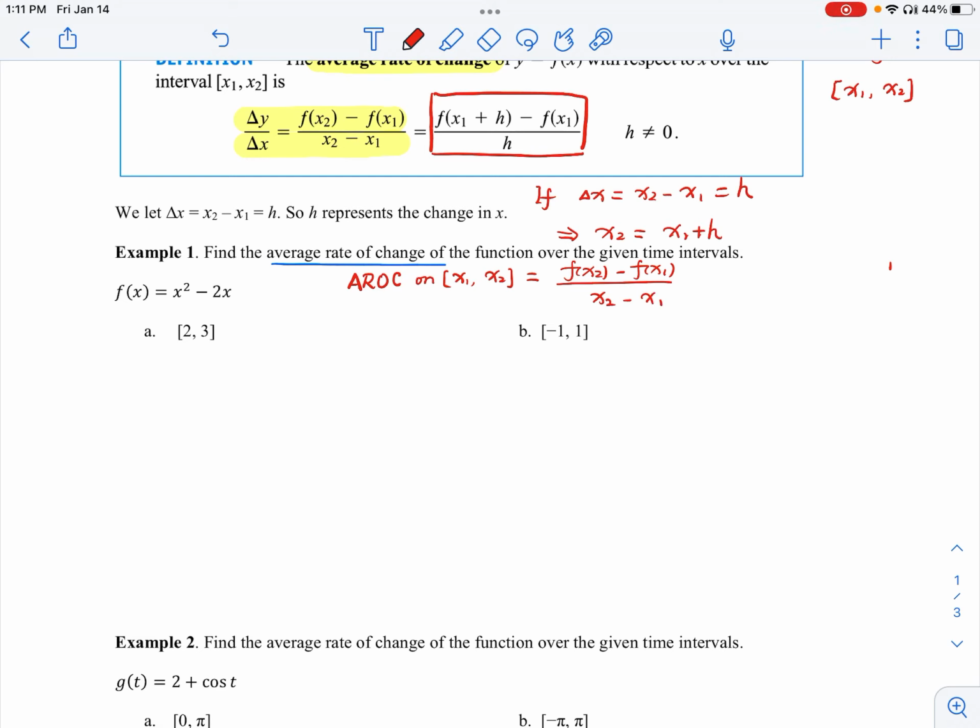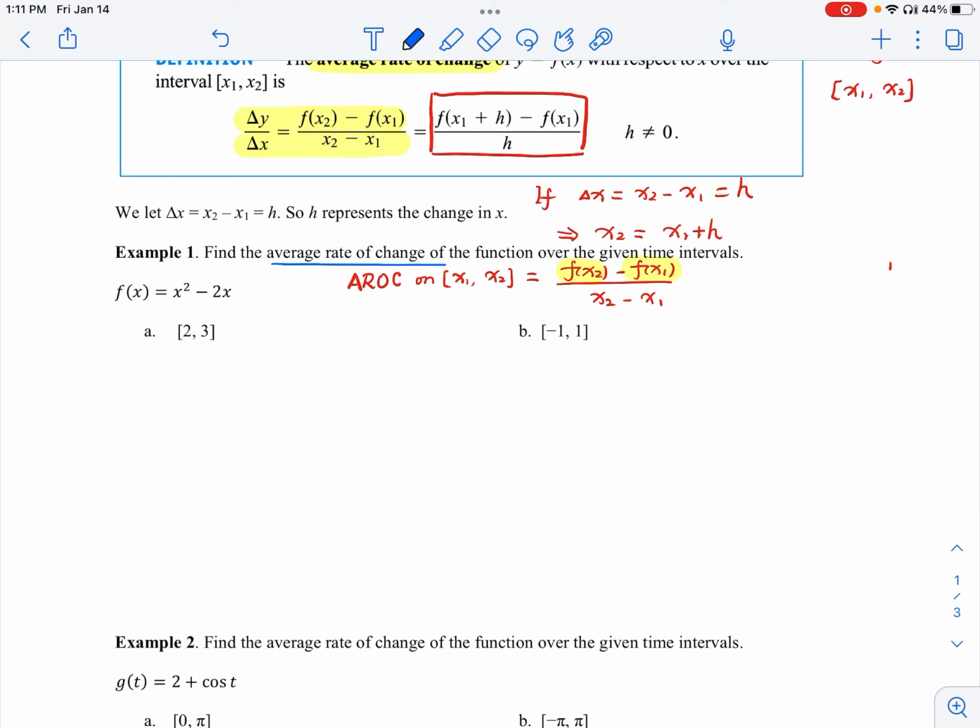If we want to find the average rate of change, we need to know f(x2) and f(x1) before we plug into the formula. So for each question, we calculate f(x1) and f(x2) first.